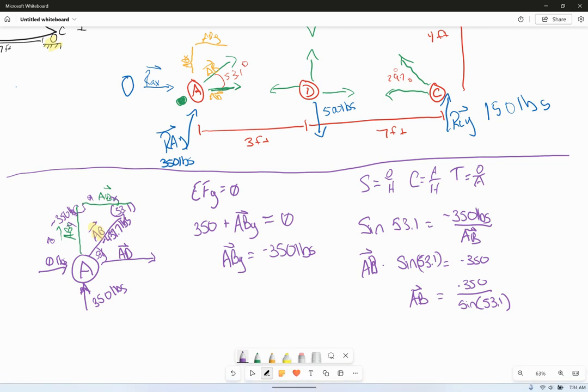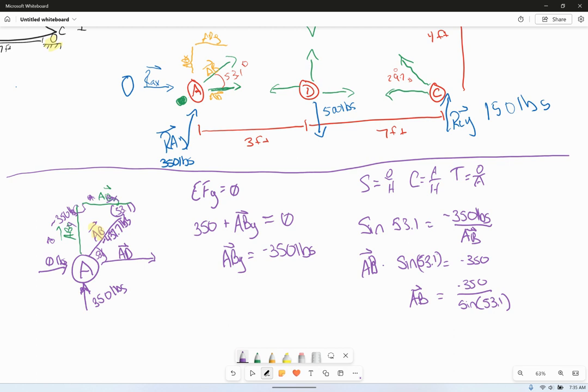Now we have to solve for this ABX so that we can get what AD is. So I'm going to do the same thing. This is my hypotenuse, my adjacent, and the opposite. I'm trying to find this ABX, which is my adjacent.